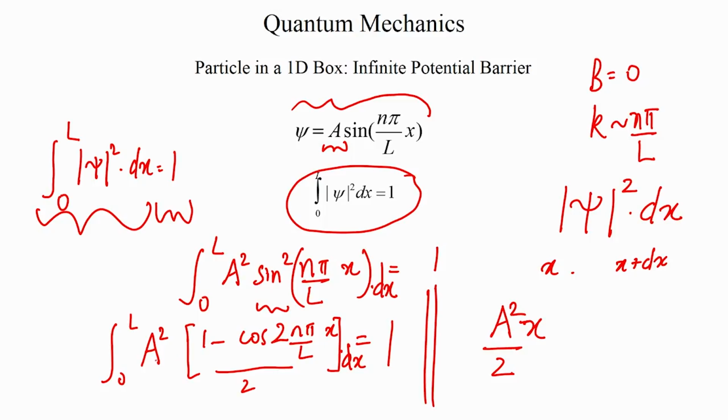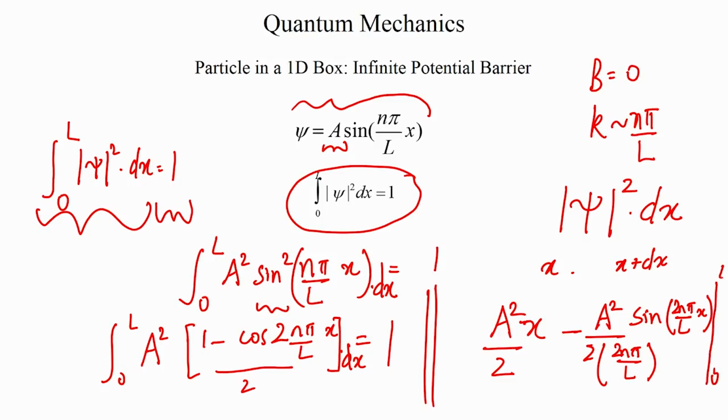The first term is going to be A square into 1 by 2 dx, which is A square x by 2, minus A square by 2 into 1 over 2n pi by L, into sine of 2n pi by L into x. And the limits are from 0 to L.